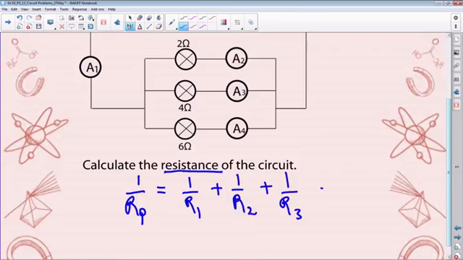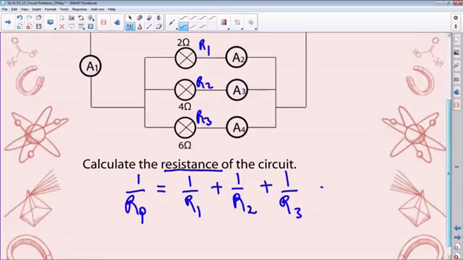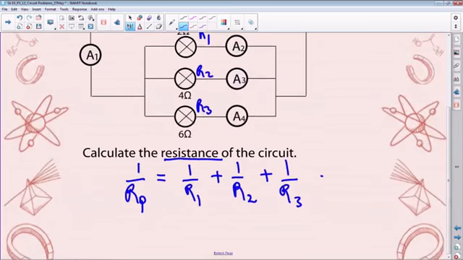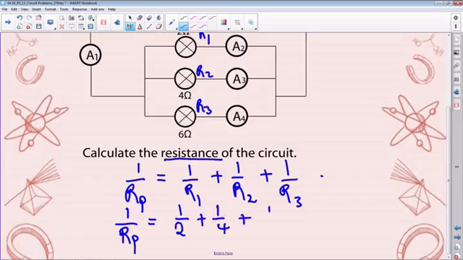In this case, let's call this R1, this R2, and this R3. Now we substitute directly into the equation: 1 over R parallel, which is what we're looking for, equals 1 over 2 plus 1 over 4 plus 1 over 6.